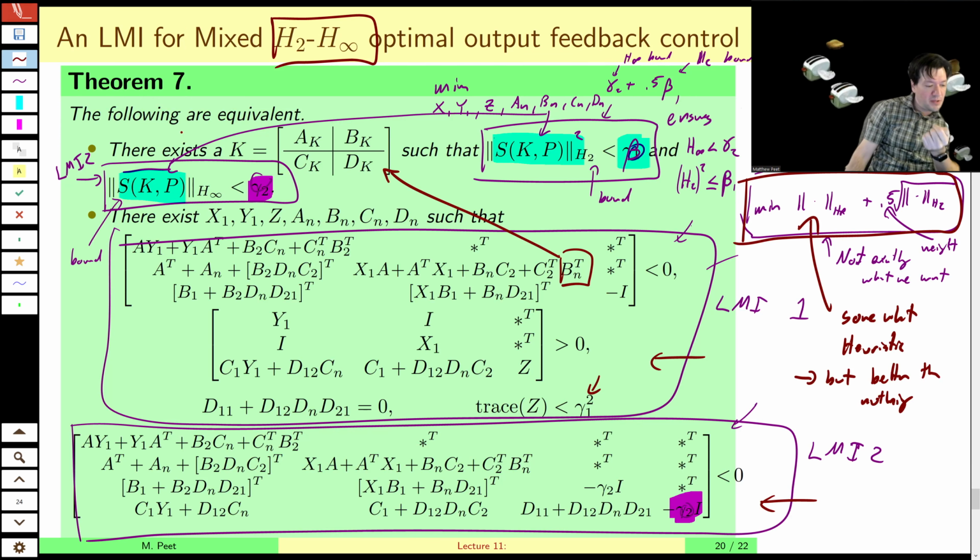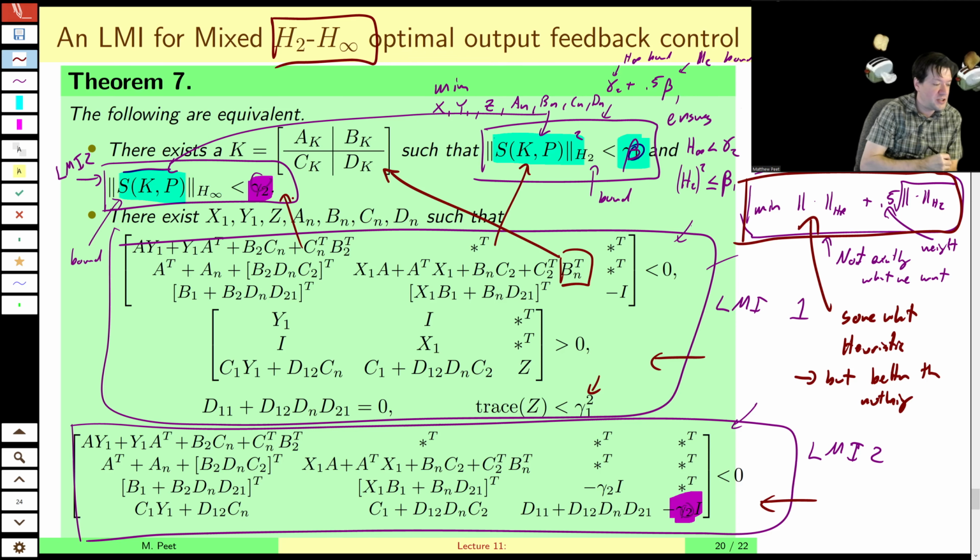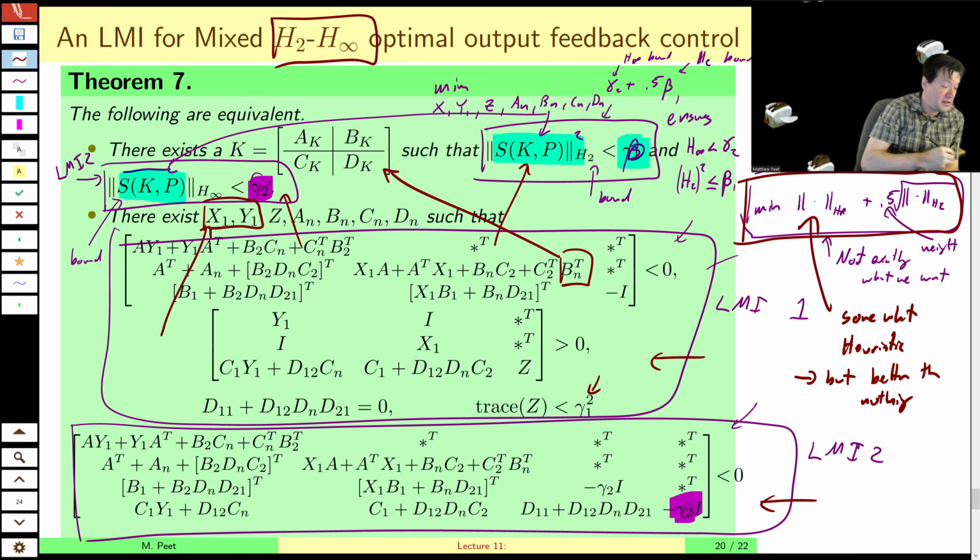It's a problem because the necessary and sufficient conditions for this to be equal to the H2 norm and this to be equal to the H infinity norm are given in terms of x1 and y1. And remember what those represent. Those represent a Liapunov function.